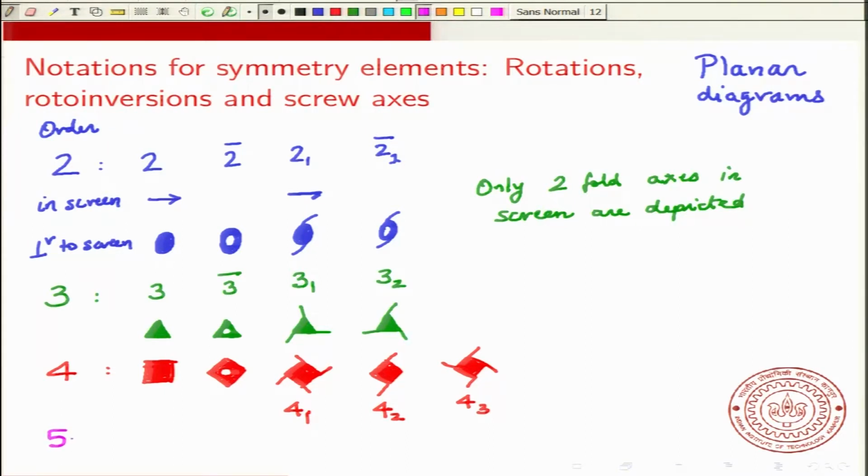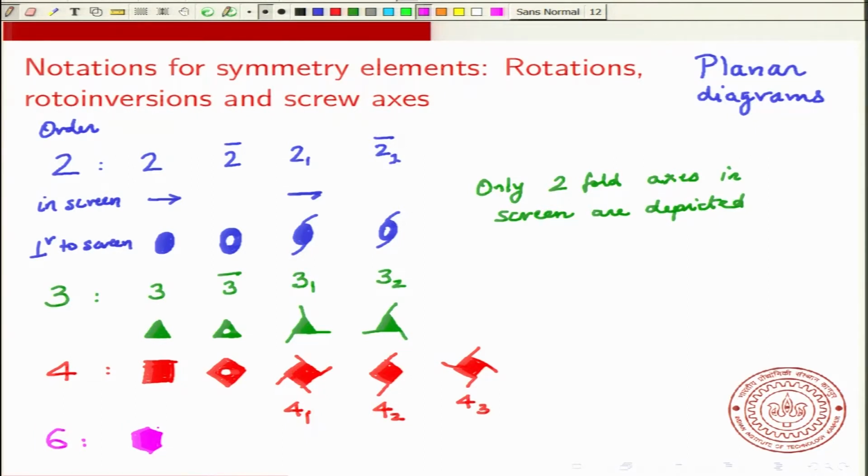Now, I will just briefly mention the other two. If you have a 6-fold axis, I'll mention very briefly how you show it. A 6-fold axis is shown by a filled hexagon. You can use very similar depictions for all the remaining axes.